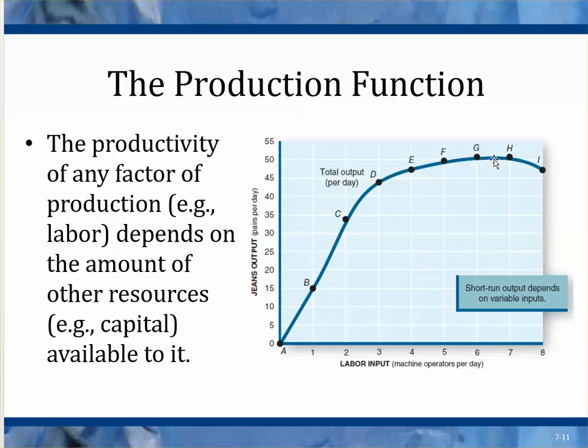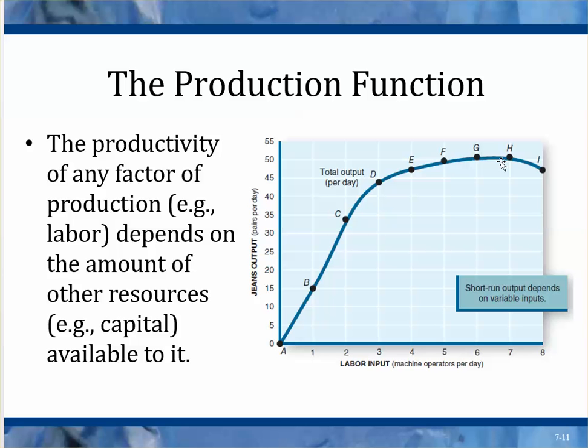When we reach production point H, we have 6 labors, and we can find output maxed out. And if we keep increasing the labor, for instance, if we have 2 machines that only require a maximum of 4 people to operate them, and we add 1 more person, that person will be a waste.